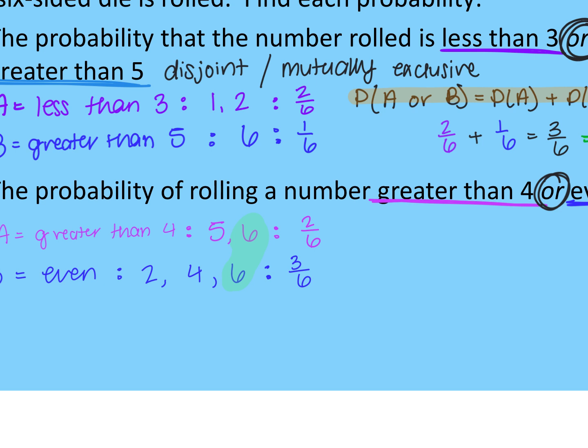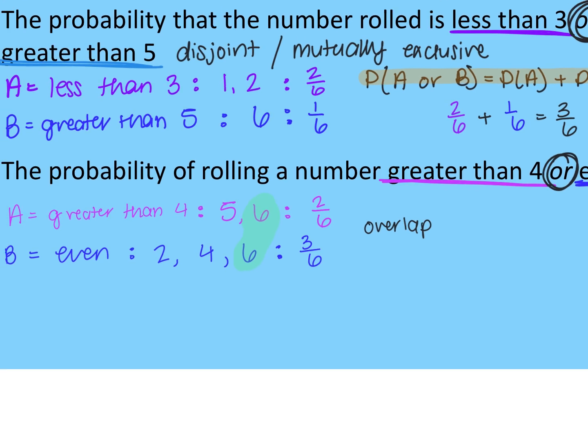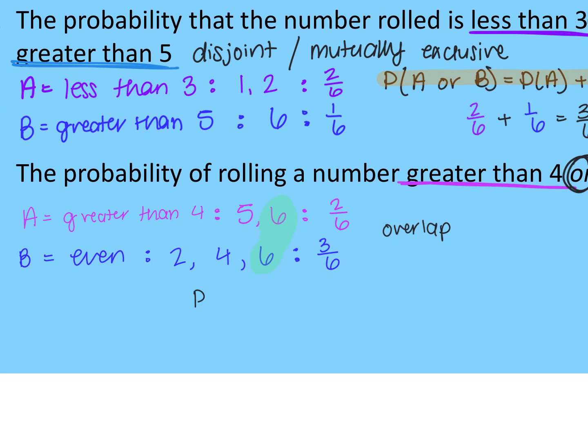So for this one, I'm going to go ahead and write this is an overlap. And I have to know the formula for my overlap. That's going to be the probability of A or B equals the probability of event A plus the probability of event B minus the probability of A and B, meaning my overlapped section.